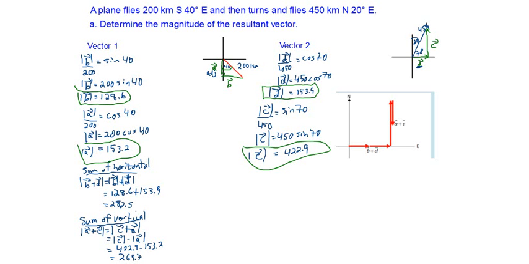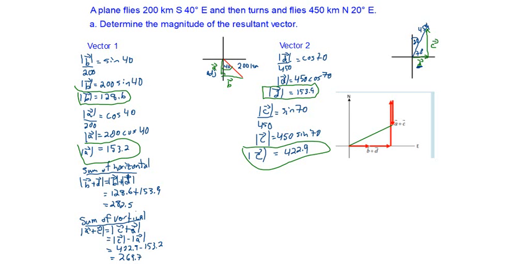Our last step then is to find the resultant, and we do that using the Pythagorean theorem. Let me just grab another screenshot, and I'll show you what that looks like. Actually, you know what? I can just do it right here. I don't need a separate spot. Really, what we're trying to do is find this vector right here. Well, we already know the length of this horizontal portion of the triangle.